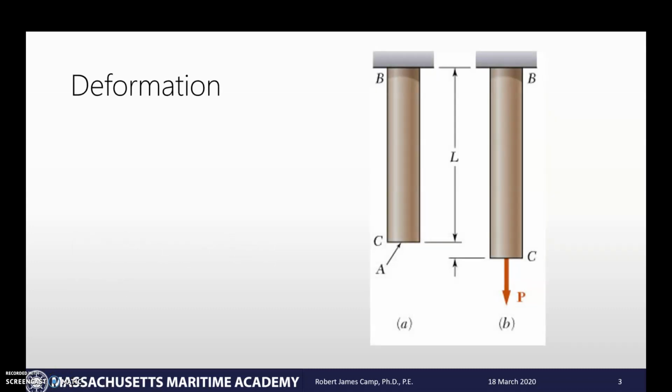So let's take a look at it. I apply a bar that starts at some initial length L, and it has an area of A. Now I apply this load P, and what's going to happen is even if you can't see it, you're going to see some change in length here. That change in length we define as deformation.